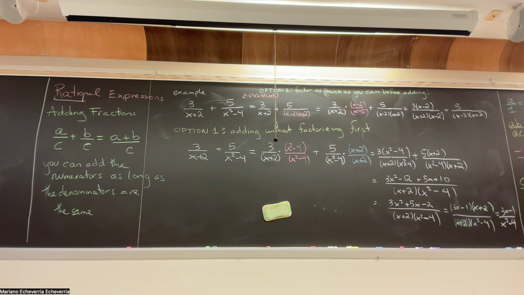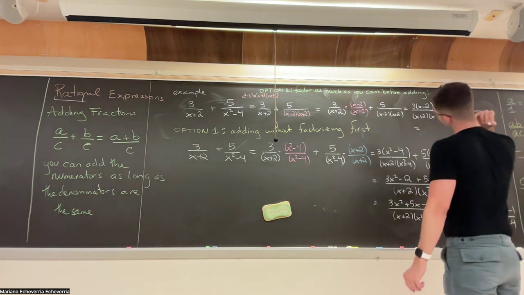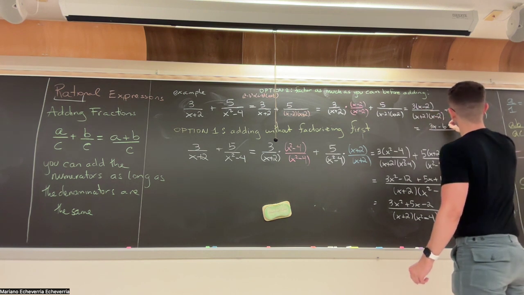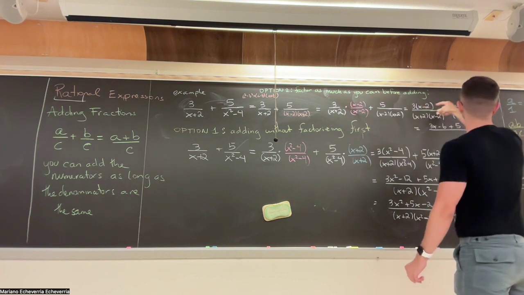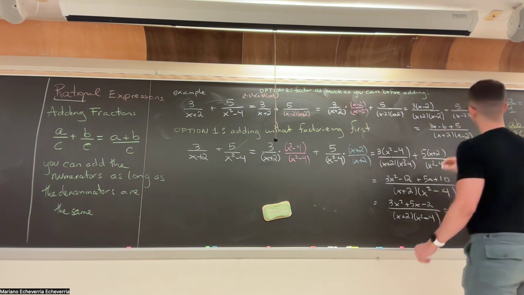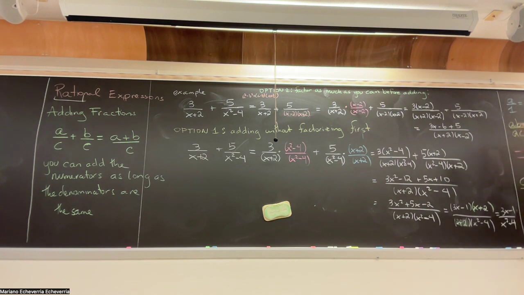Okay, and then what do you get? You get 3x minus 6 plus 5. That's what you get when you add the numerators. And that's just 3x minus 1 over x plus 2 times x minus 3.